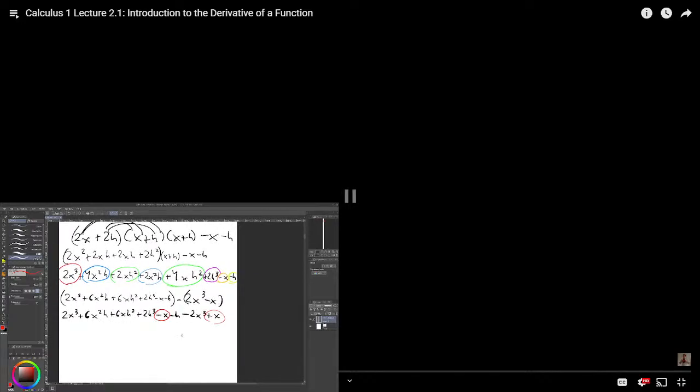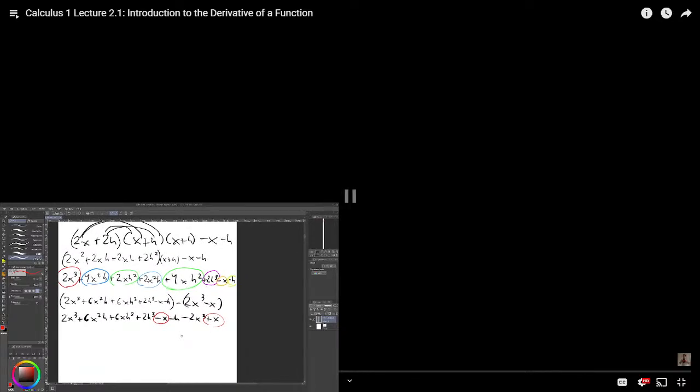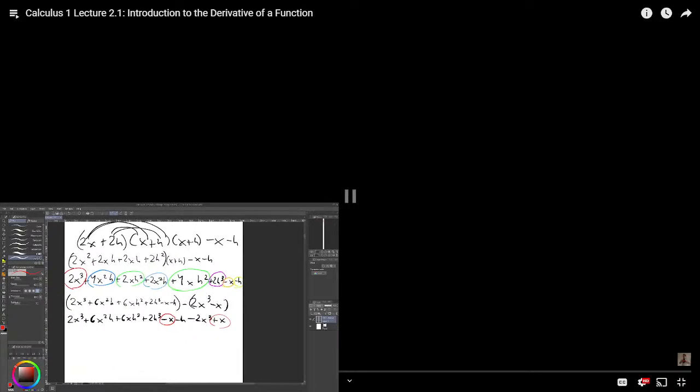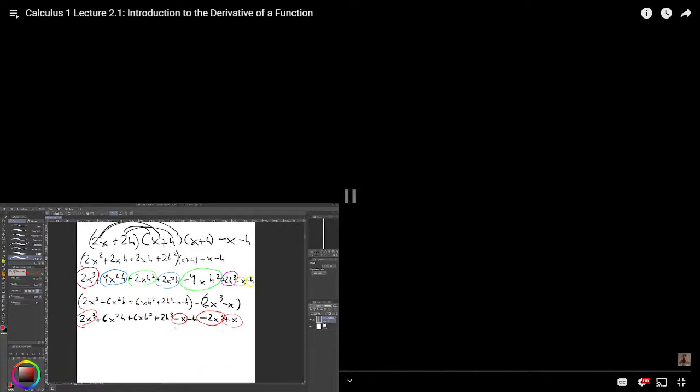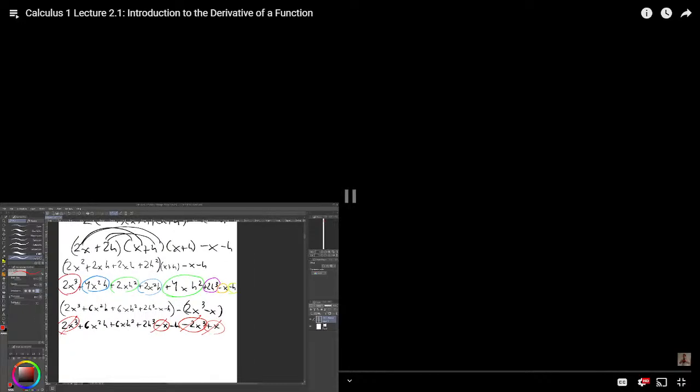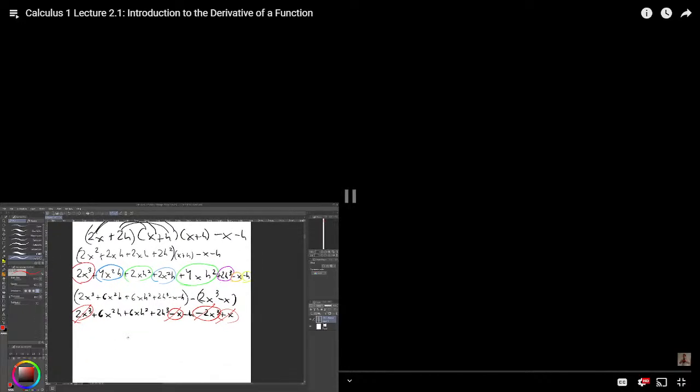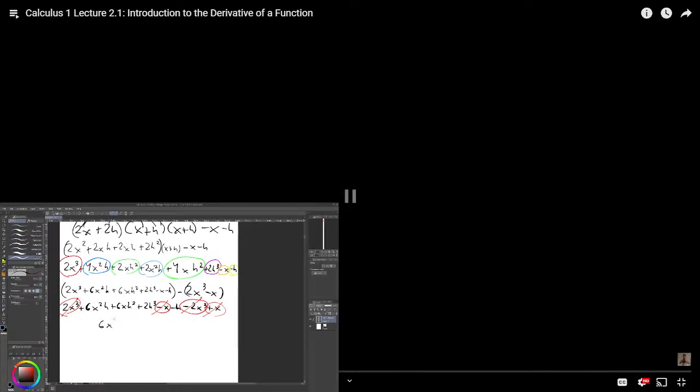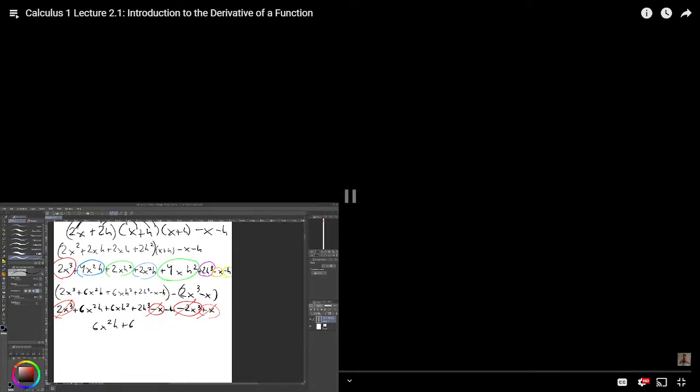Okay, the x's cancel out. 2x cubed cancels out. And this should be good because every term has an h, so we can factor it out.